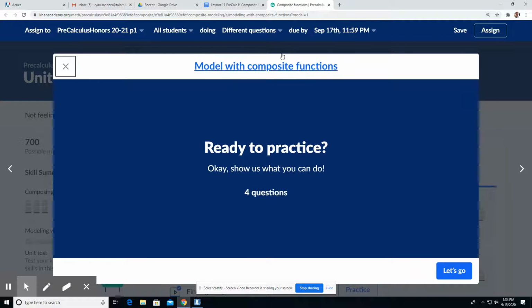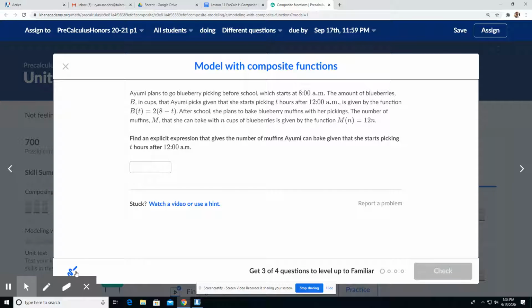All right, check. Modeling with composite functions. Let's see what we're dealing with here. Yumi plans to go blueberry picking before school, which starts at 8 a.m. The amount of blueberries B in cups that Yumi picks, given that she starts picking T hours after 12 a.m., is given by the function B of T equals 2 times 8 minus T. After school, she plans to bake blueberry muffins with her pickings.